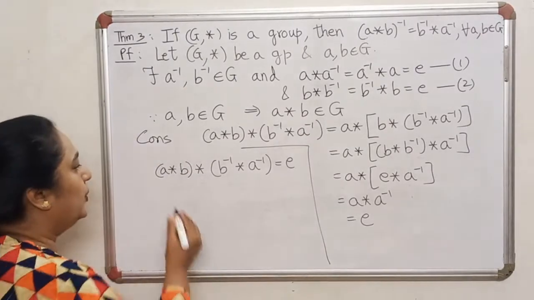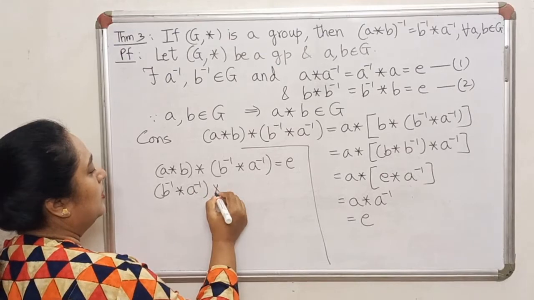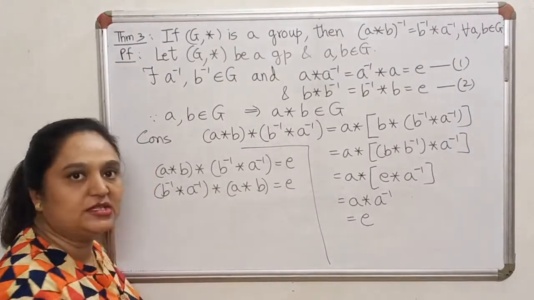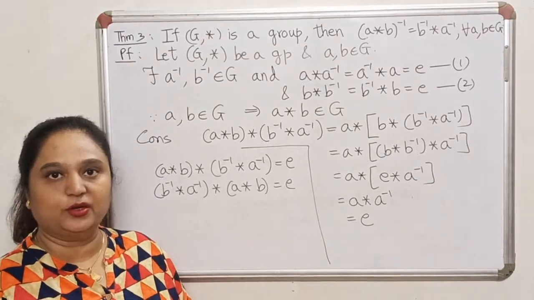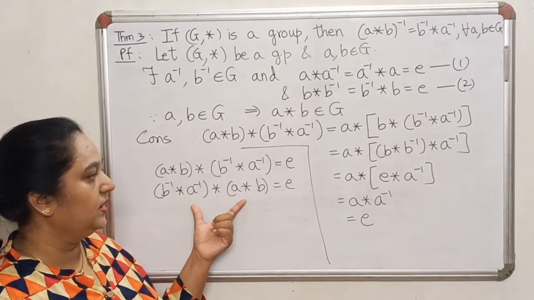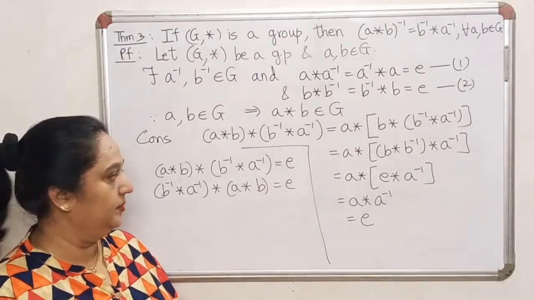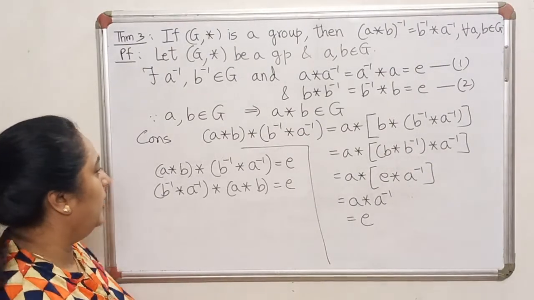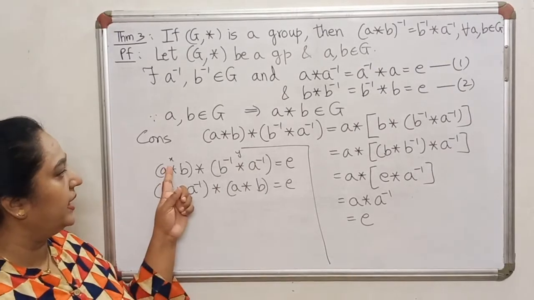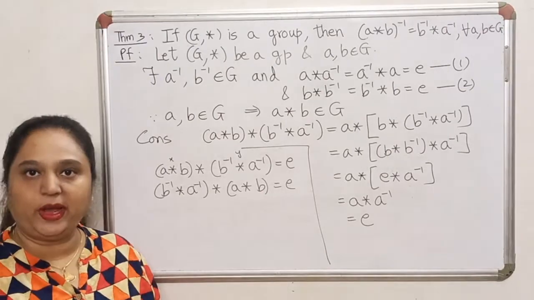One can similarly prove that this product too will be equal to identity. In fact, just for the sake of practice, it will be a good idea to pause your video and try and prove this equation. Show that this also gives you identity. So now, if I call this element x and this y, I have proved that x star y is identity and y star x is also identity.